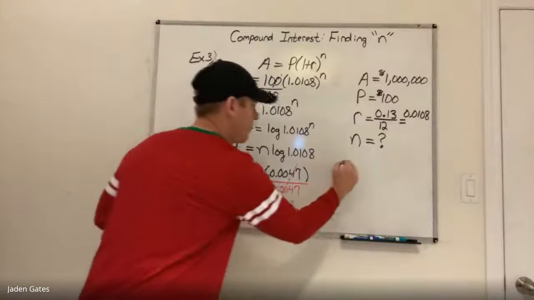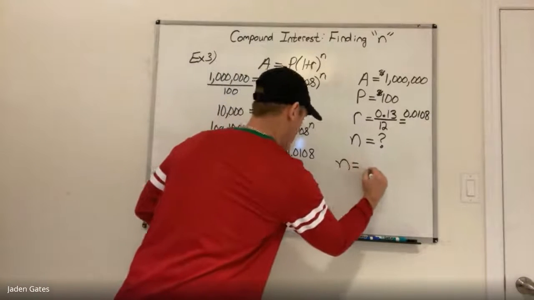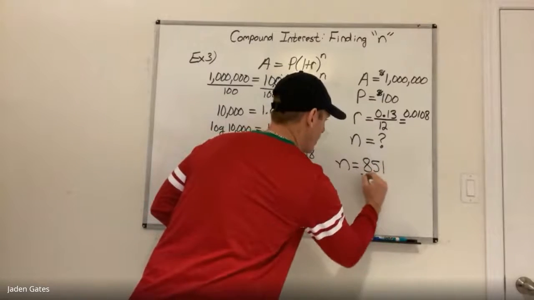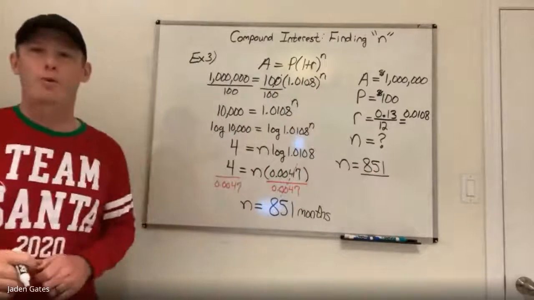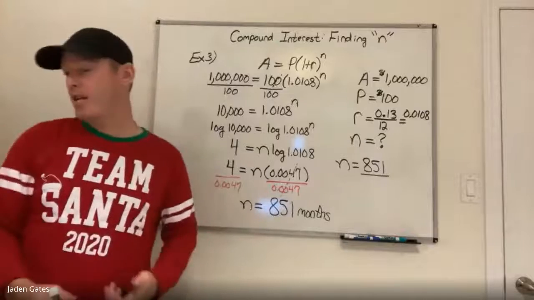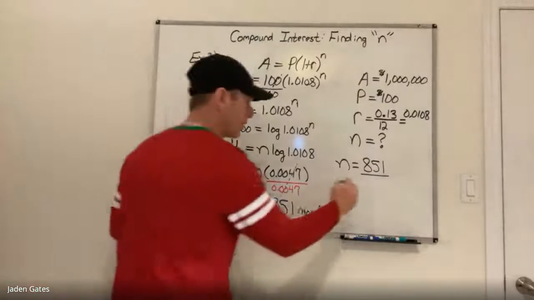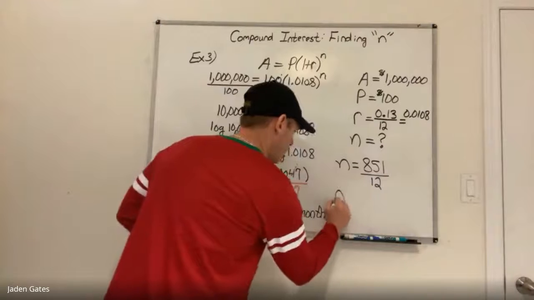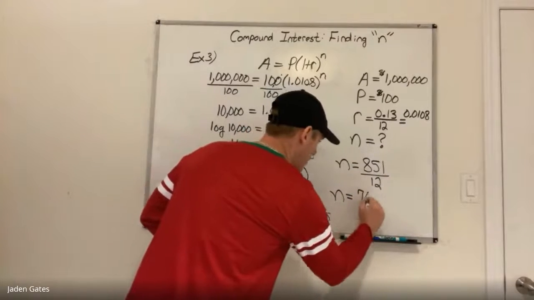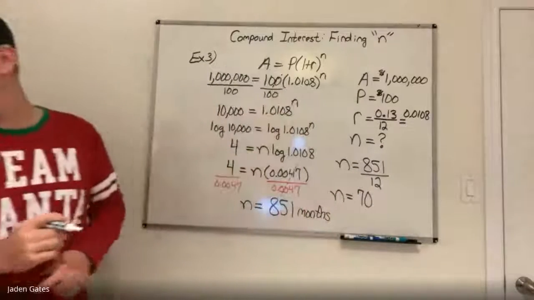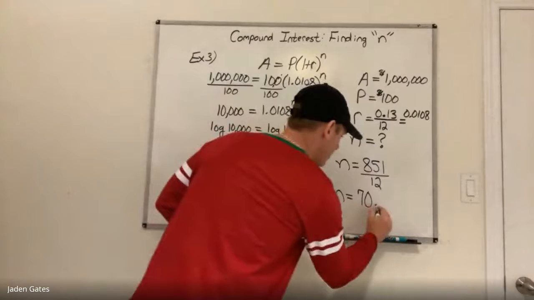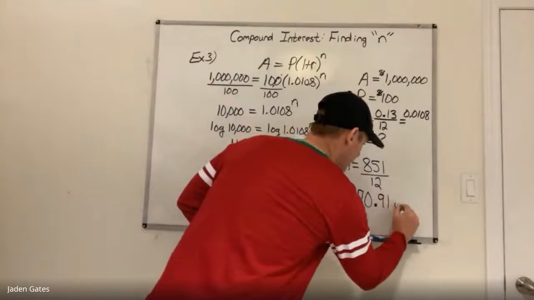So if I wanted to know how many years it's going to take, I take my 851 and I divide it by 12, just to see how many years it's going to take. And if I do that, now it is going to be a long time, 70.91 years.